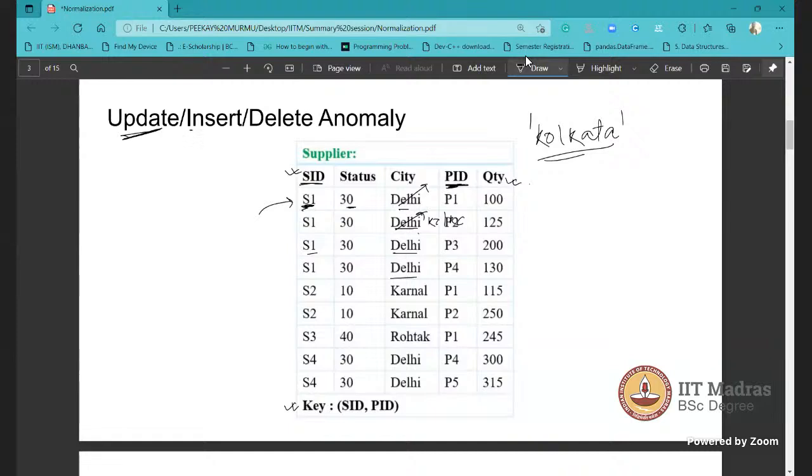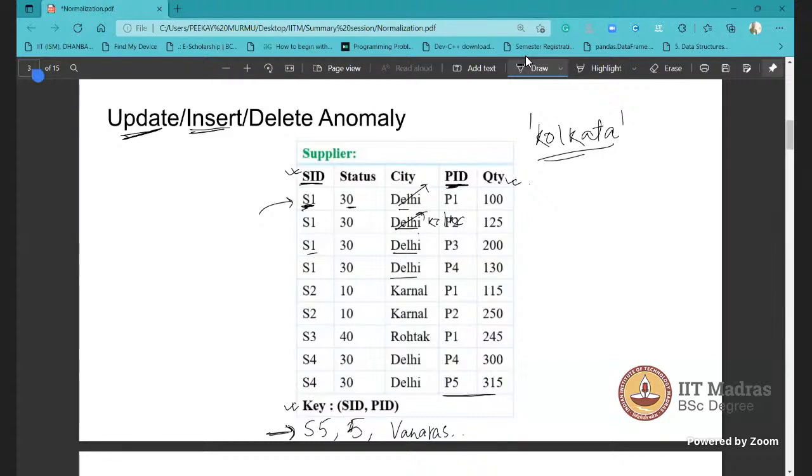And suppose you have to insert some other data, suppose S5, with status 5, and the city is Banaras. You cannot enter this particular data because you require that it supply at least one product.